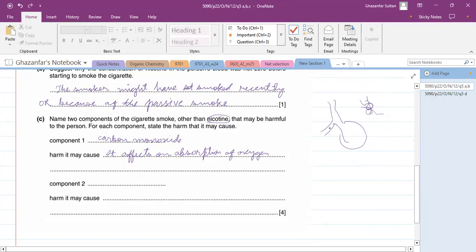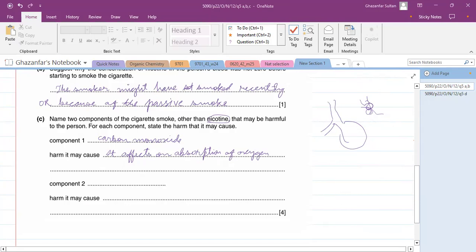If there is carbon monoxide, it has more affinity towards hemoglobin as compared to oxygen. So preferably carbon monoxide will bind to the hemoglobin, and instead of oxygen, carbon monoxide will be transported. So this is one of the reasons.